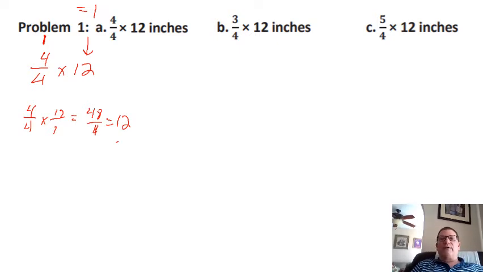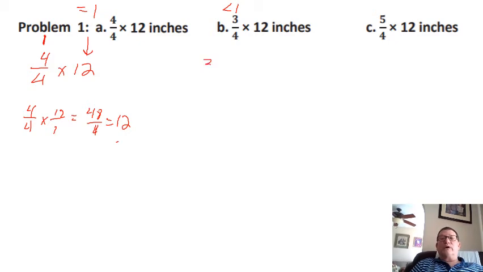Okay, now let's take a look at another one. This time we have a factor that is less than 1. So since it's less than 1, that means our product should be less than the other factor, because it's actually 3/4 of 12.